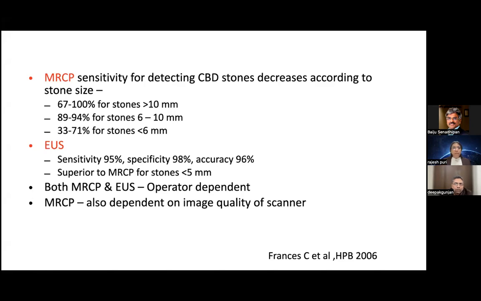Another advantage is that in the same setting, when the patient is sedated for EUS, if you find the patient has a stone, you can, by changing the scope, do the ERCP. MRCP is also observer dependent; people talk about it being operator dependent, but it also depends upon the image quality of the scanner.